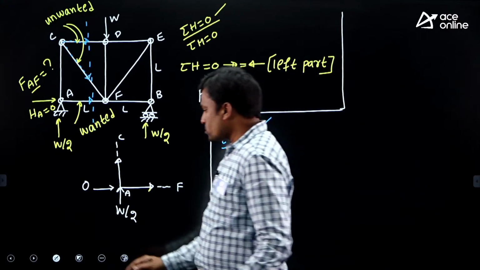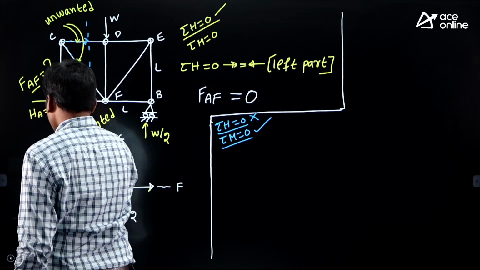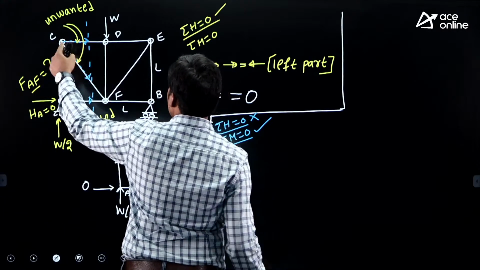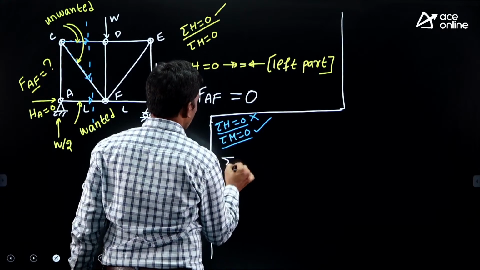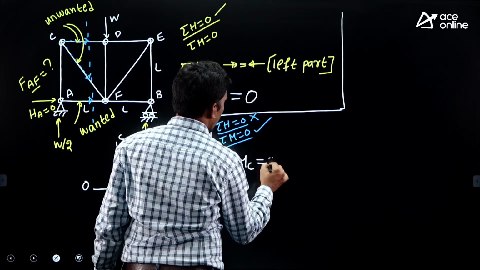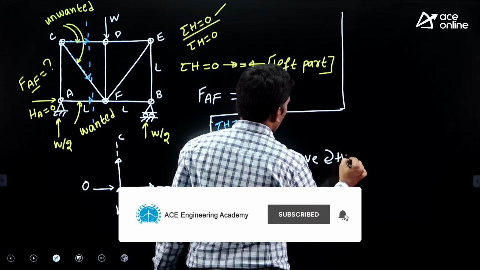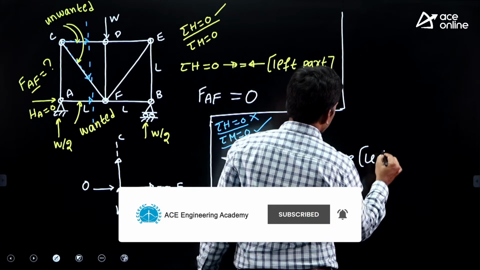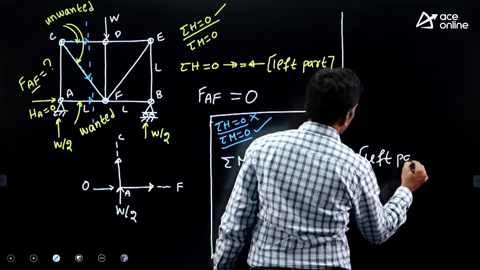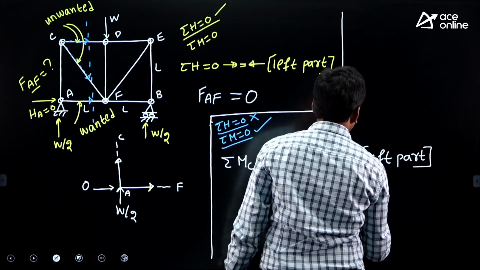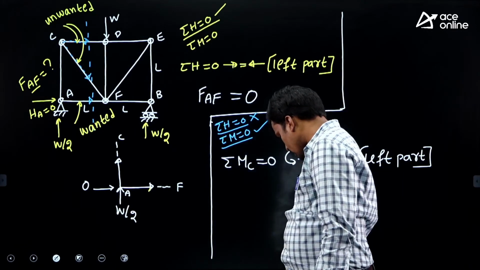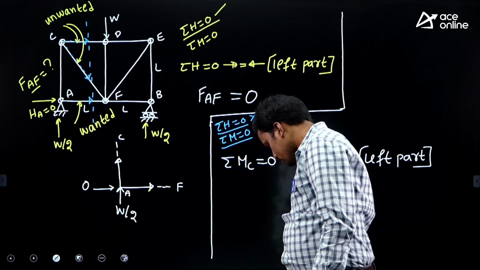At which joint do we take moment? The lines of action of the unwanted members meet at joint C, so take moment about joint C. Anti-clockwise negative, clockwise positive. We are doing analysis only for the left part of the structure, so consider only left part forces. Don't consider right part forces.